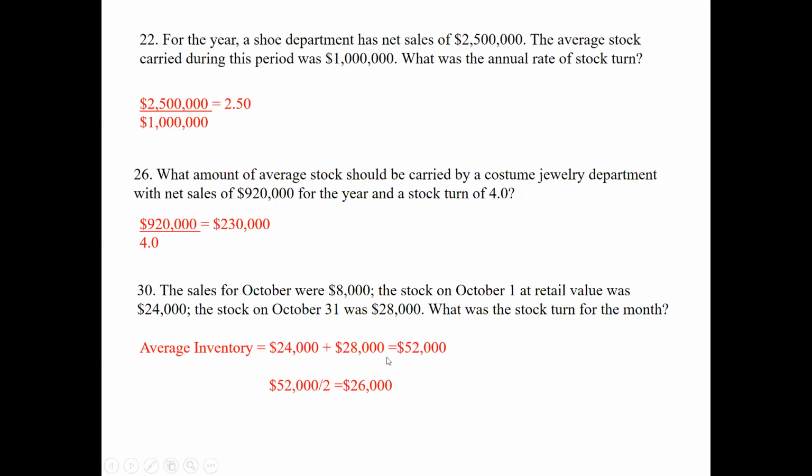You calculate your average stock by adding up both the beginning of month stock and end of month stock for October, and then I divided it by 2 because I have 2 inventories. I get my average stock, and to calculate my turnover, I will do sales divided by average stock, which in this case is 0.31.